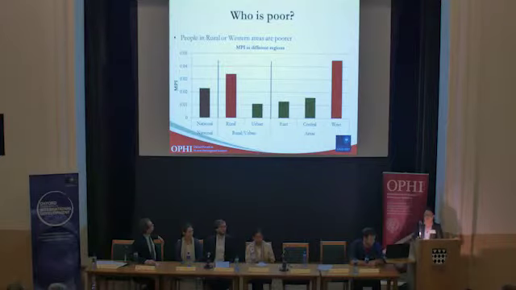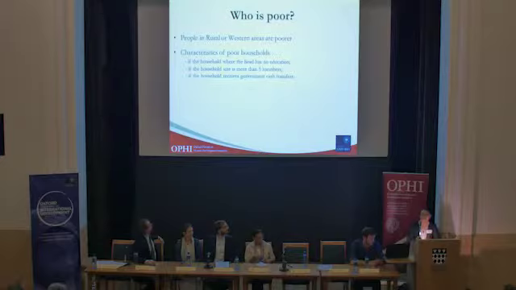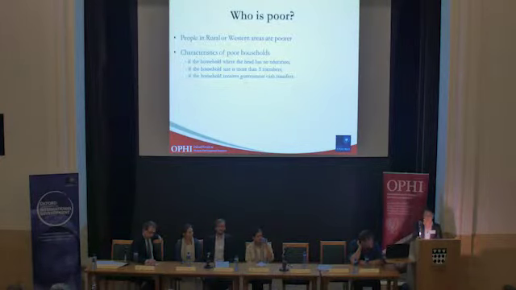We also find that households with certain characteristics are more likely to be poor. For example, households where the head has no education, or where the household size is more than 5 members, or households receiving government tax transfers are more likely to be poor.